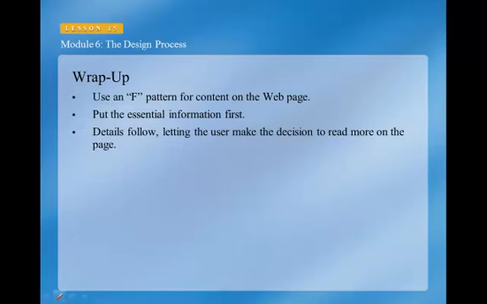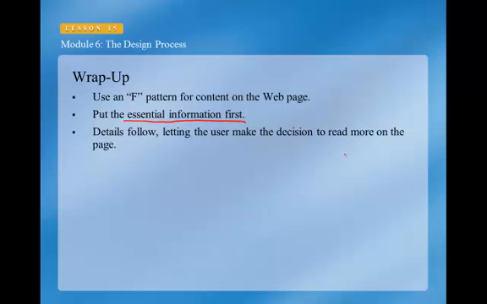Alright, so for your activity, use an F pattern for content on the page, so make sure you put your essential information first, details follow, and you let the user make the decision to read more or go to the next page.